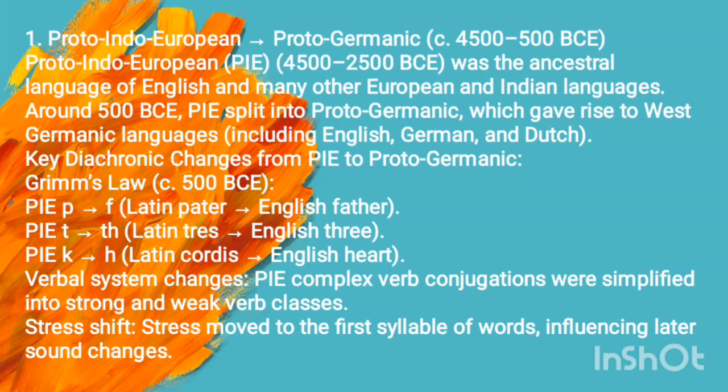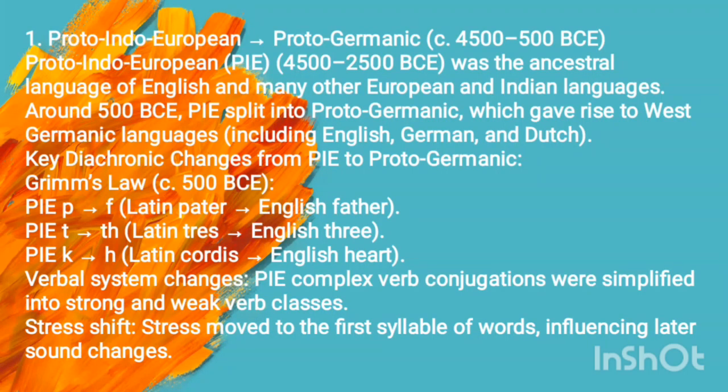For example, PIE p changes in Proto-Germanic to f: Latin pater, English father. PIE t changes to th: Latin tres, English three. PIE k changes to h: Latin cordis, English heart.